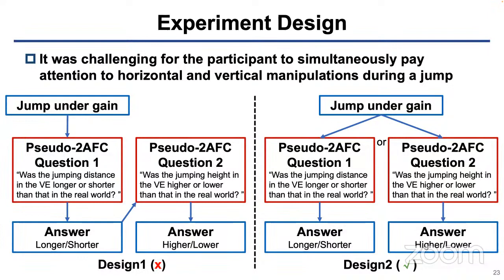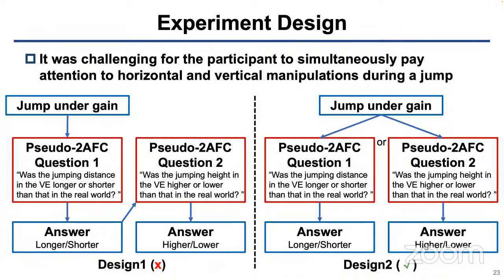But we found it was very challenging for the user to remember the two-dimensional jumping states during one jump. So we came to another solution: let the user jump once, and then we ask whether your jumping distance is longer or shorter than that in the real world, and let the user answer.